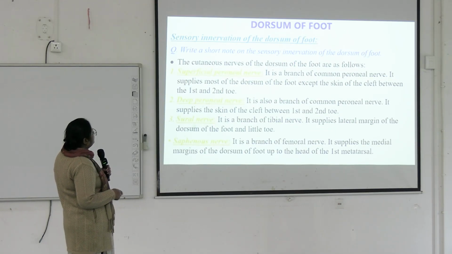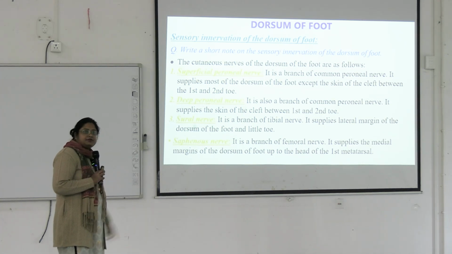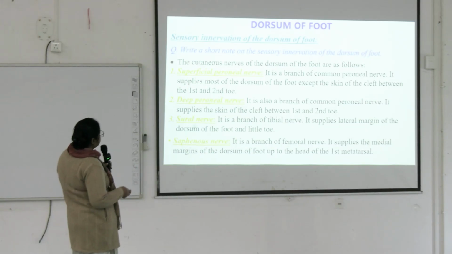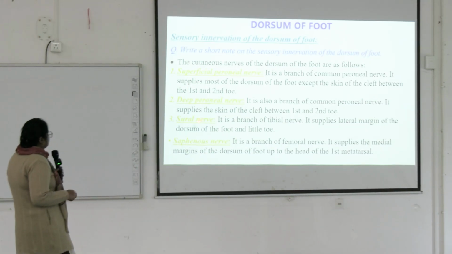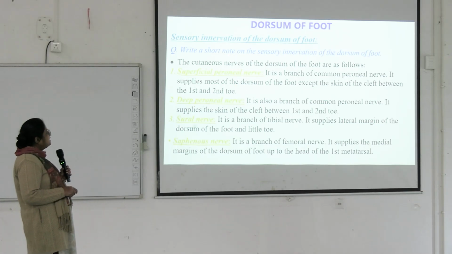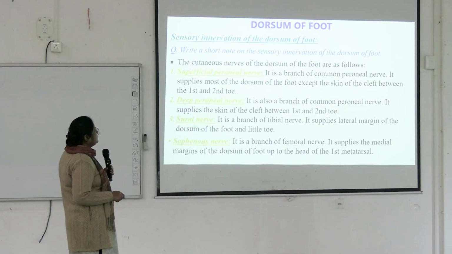And this is also important, this comes in your short note: nerve supply of the dorsum of the foot. The cutaneous nerves of dorsum of the foot are these. First is superficial peroneal nerve, a branch of common peroneal nerve. It supplies most of the dorsum of the foot except the skin of the cleft between the first and second toe.